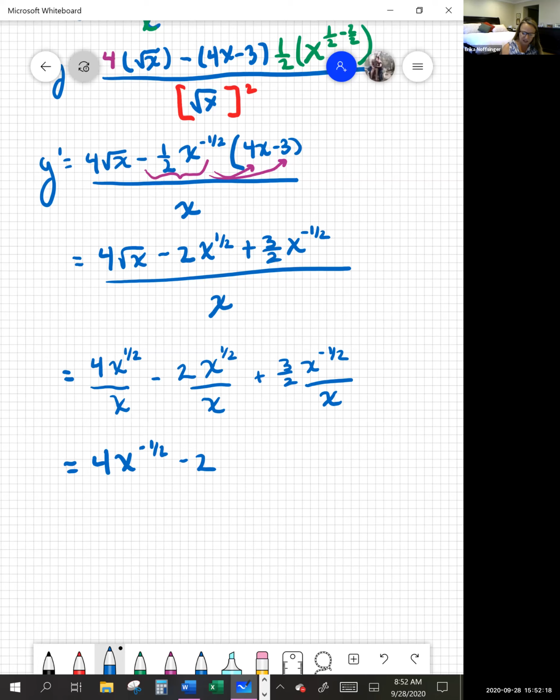I guess I could combine things, I'll do it later. X to the negative 1/2. And this is plus 3/2. Negative 1/2 minus 1, so negative 1/2 minus 2/2 is negative 3/2. So that's the negative 3/2.